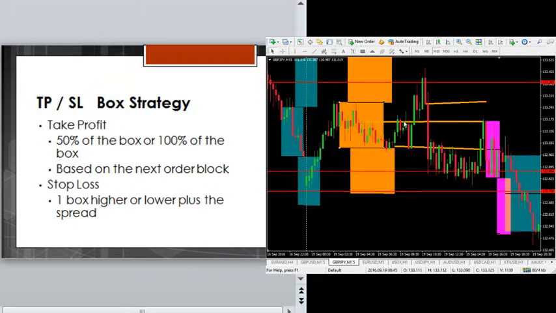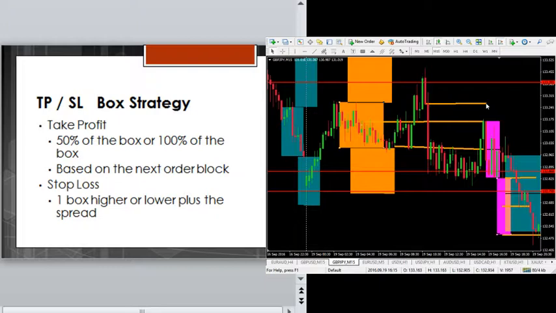Here we have a sell on breakout, and our take profit could be 50% again, or 100%. Now that's how we trade the box based on breakout and retracement.